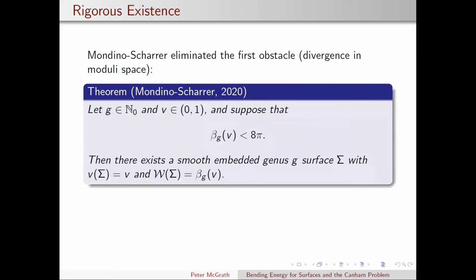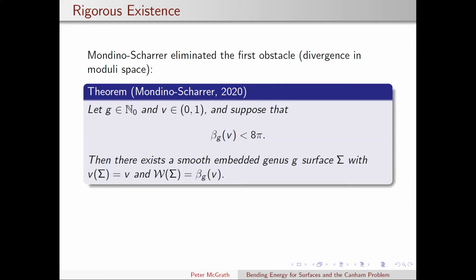Okay, so Mondino and Scharrer basically proved that you do not have this problem of the divergence in moduli space. So they did the analogue of what Bauer-Kuwert did in 2003, but just this past year, a year ago. Their preprint came out in November and it was accepted in March, I think.